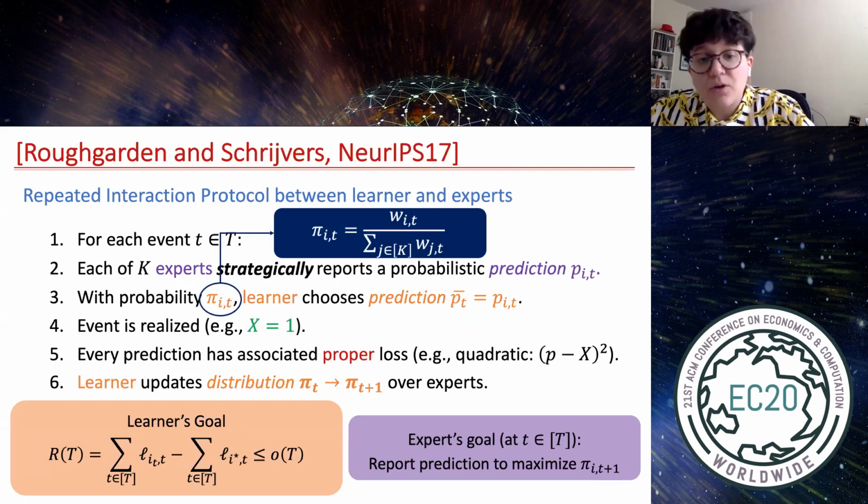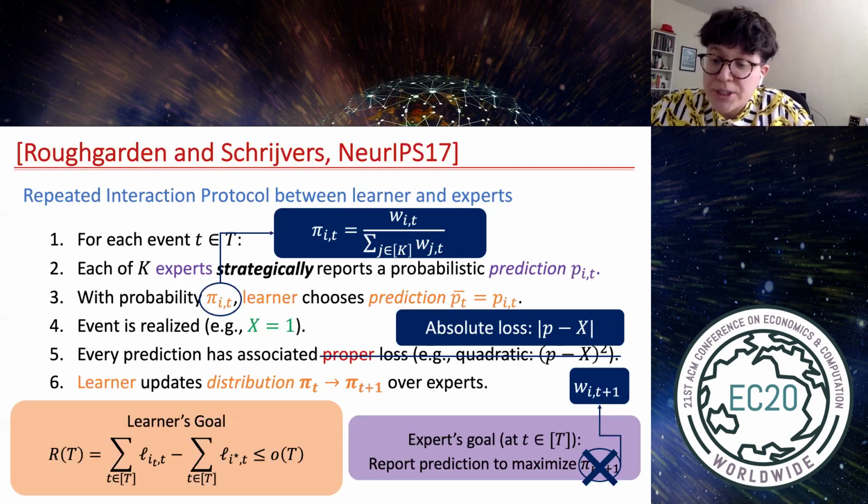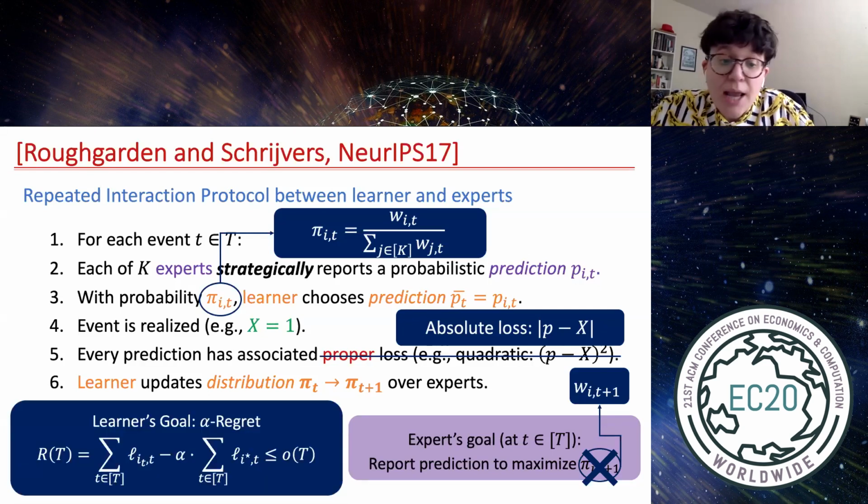Instead of the probability that the learner places on choosing each expert, it comes as weights, essentially the normalized weight that the learner maintains over the experts. They do not consider proper losses. They only talk about the absolute loss function. They are not interested in agents that want to maximize their probability of being chosen, but only their unnormalized weight.